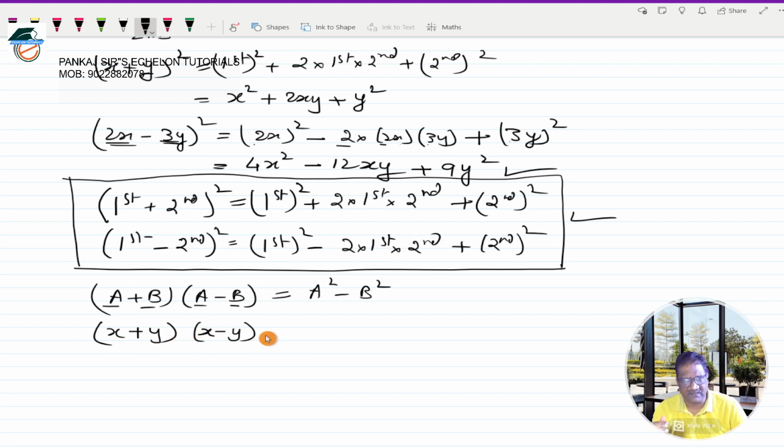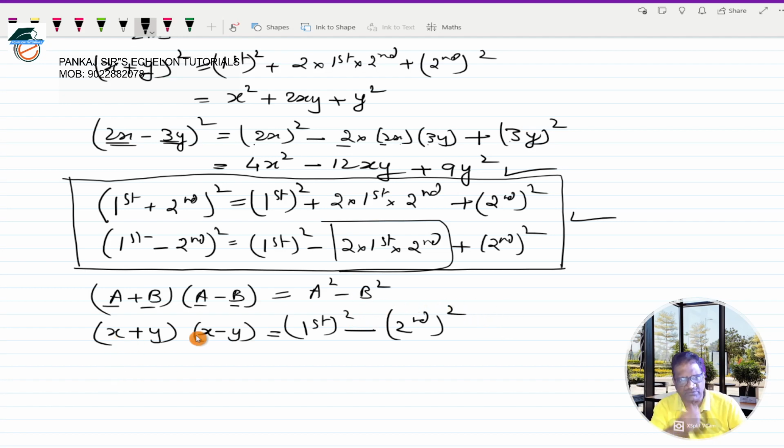This can be read as the sum of the two variables multiplied by the difference of the same two variables. The answer can be written as first term square minus second term square. That's it. The middle term will not come in this because it turns out to be 0.